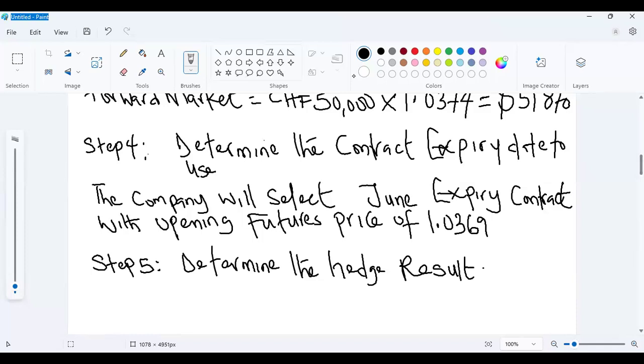The examiner will always give you the opening futures price. But the examiner will hardly give you the closing futures price.